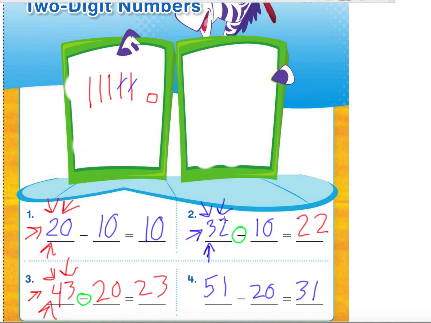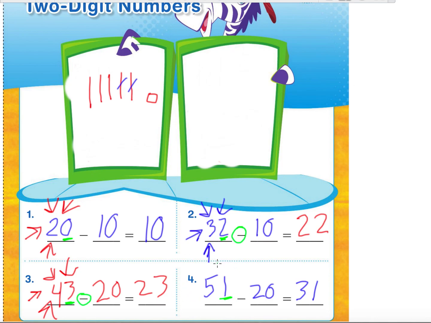And if you look real close, we're not changing the ones place at all. When we do any of this, the 3 doesn't change. The 0 doesn't change. This 2 didn't change. And this 1 didn't change. The only thing we're really playing with are the tens. And you could just think about it by subtracting tens.